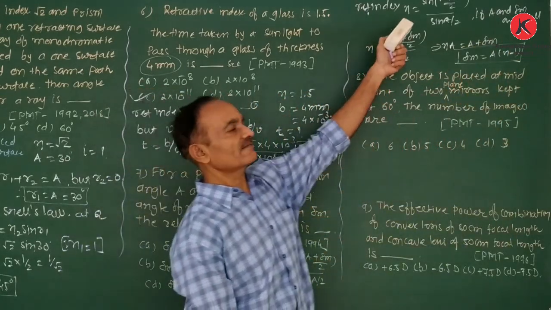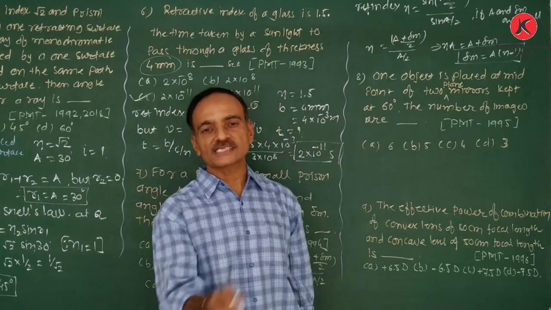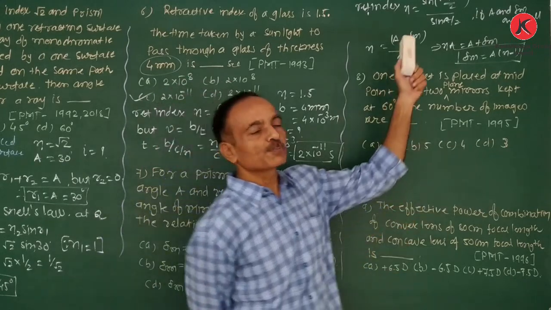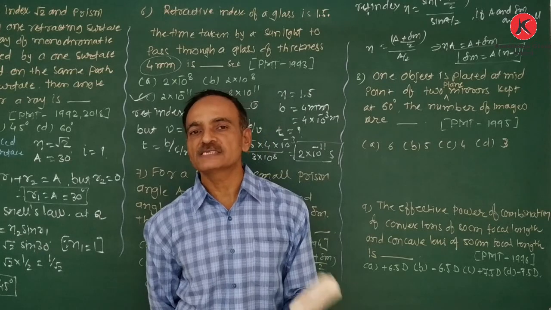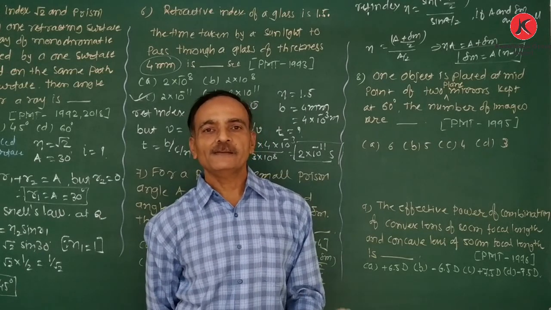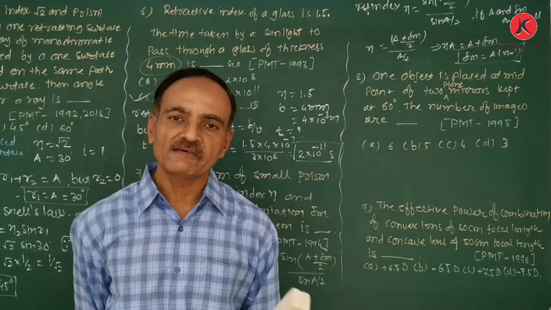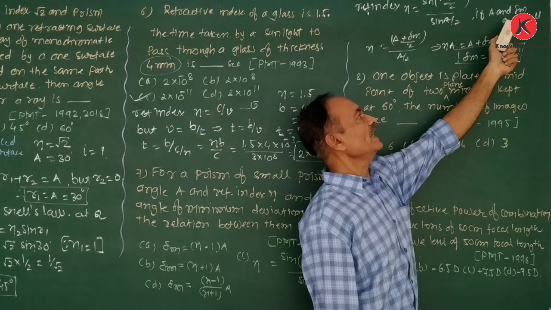When we derived this equation, n = sin((A plus delta m)/2) upon sin(A/2) in theory portion, after that we consider a small prism, that means the angle of prism is very small. If the angle of prism is small, therefore the angle of minimum deviation also becomes small. Therefore, A and delta m are small.